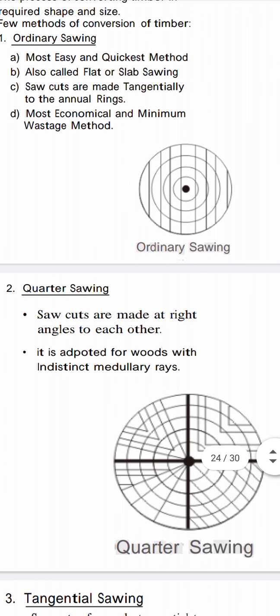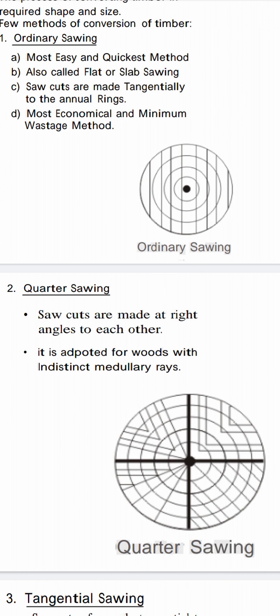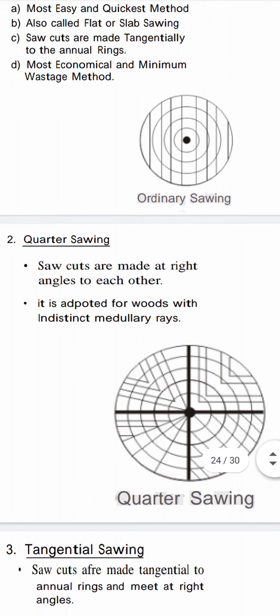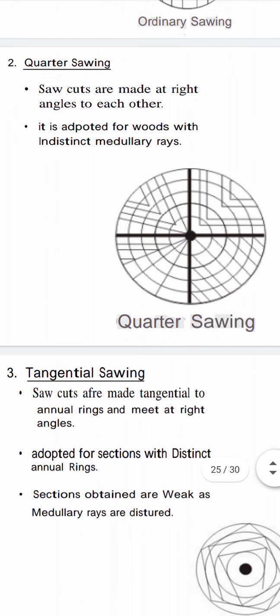Quarter sawing. Saw cuts are made at right angles to each other. It is adopted for woods with indistinct medullary rays.